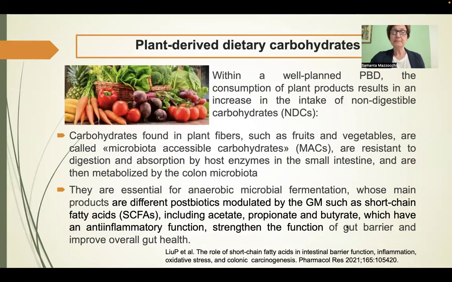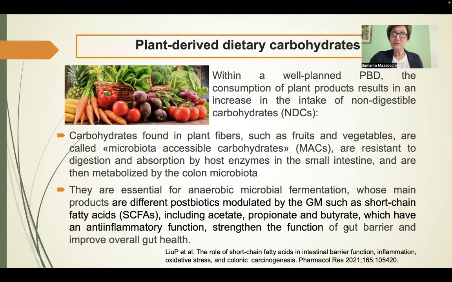Within a well-planned plant-based diet, the consumption of plant products results in an increase in the intake of non-digestible carbohydrates. Carbohydrates found in plant fibers, such as fruit and vegetables, are called microbiota-accessible carbohydrates. They are resistant to digestion and absorption by host enzymes in the small intestine and are then metabolized by the colon microbiota.